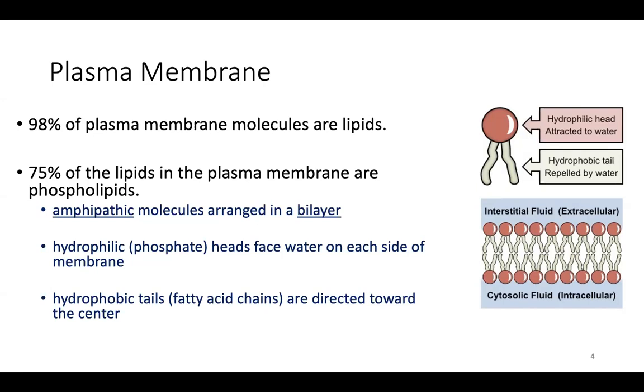That means it does not repel water. It mixes fine with water. And then the tails are hydrophobic, which means they're scared of water. They repel water. So that makes this molecule what we call amphipathic. If you think amphi like amphibian, they live in the water and on the land. Amphipathic just means it has a hydrophilic and hydrophobic side.